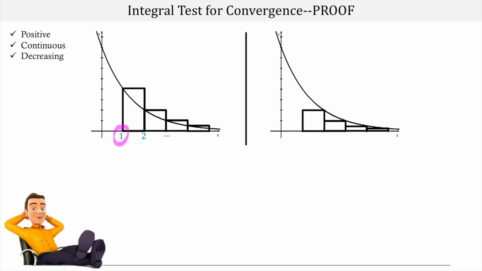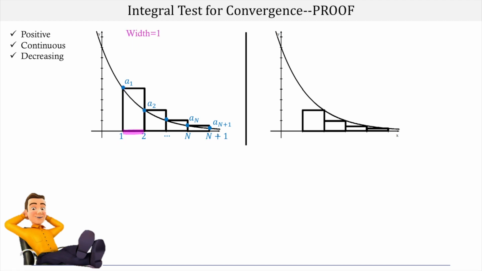And if I continue that on for a really long time, I could have an x value of n and then an x value of n plus 1. And if I create all these little rectangles, remember Riemann sums, the top left of this would have a y value or a height of a sub 1. And then this one would have a height of a sub 2, a sub n plus 1, and so on and so forth.